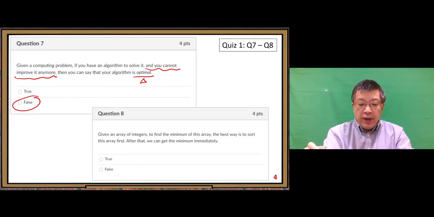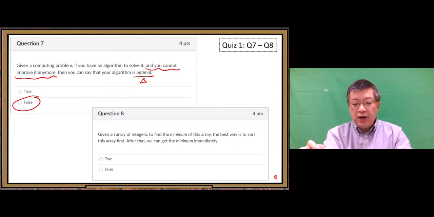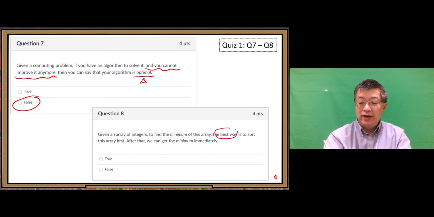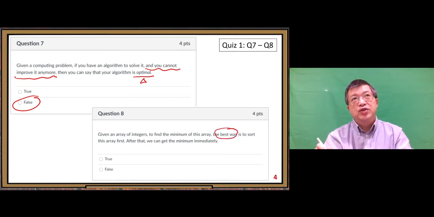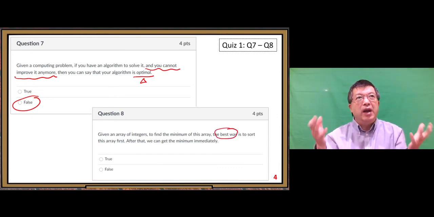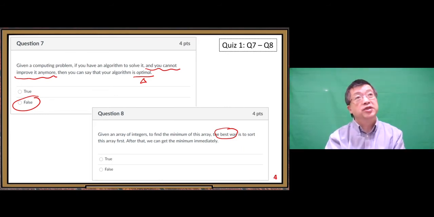All right. Number 8. Given an array of integers, to find the minimum of this array, the best way is to sort the array first. Not the best way, right? Because when you sort it, you already spend a lot of time, too many comparisons, and to find a minimum we don't need that many.